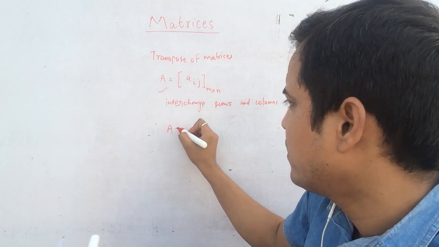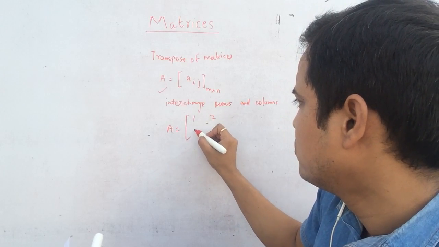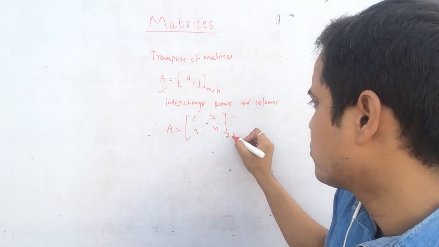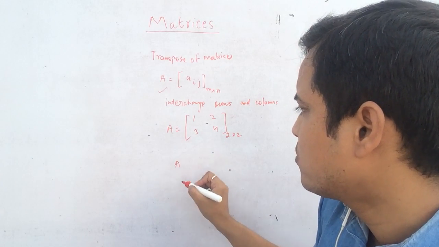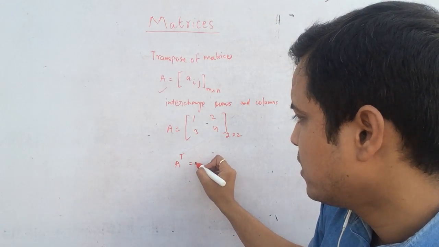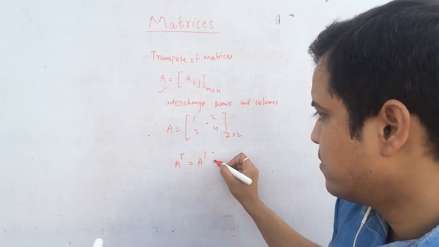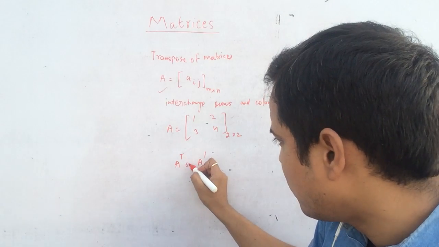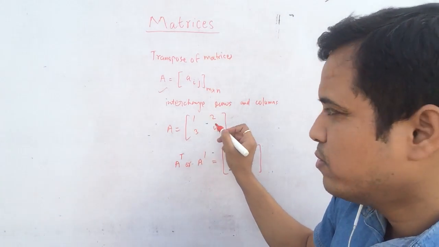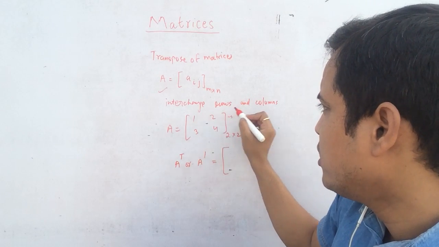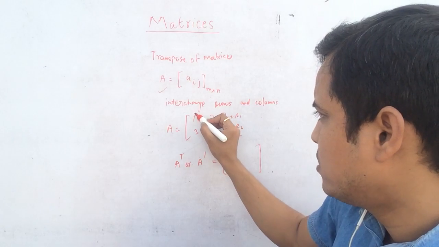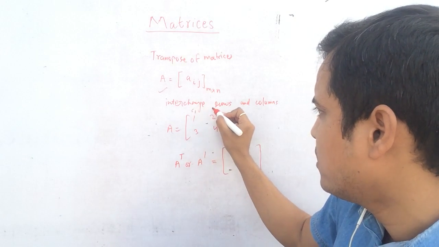So for example, if A equal to 1 2 3 4, and the order of this matrix is 2 cross 2, the transpose of this matrix can be written as A raised to power t or A dash. So what would it be? You interchange the rows and columns.